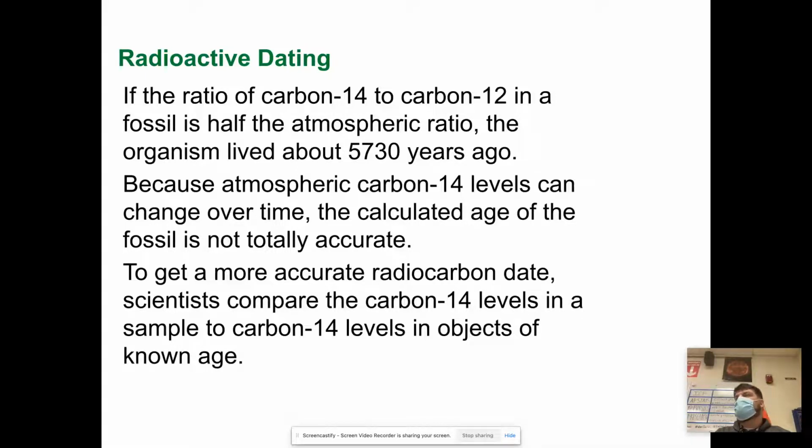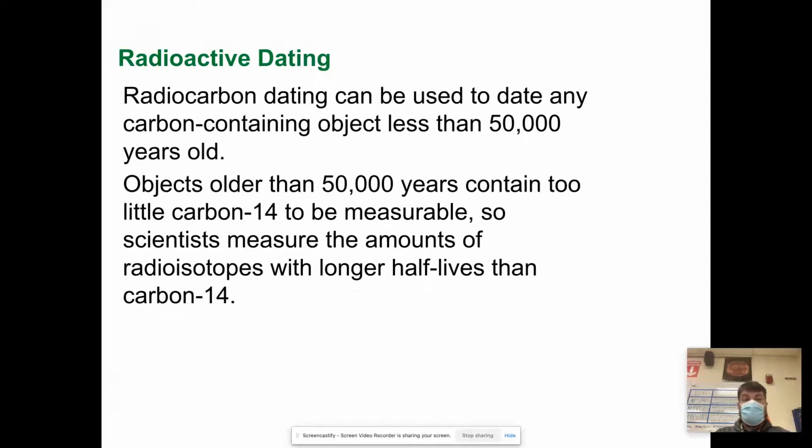Well, there are structures that we know when they were built, and they had organic material in them, which means they have a certain percentage of carbon-14, right? If something was made with wood 5,000 years ago, 10,000 years ago, and we still have access to that wood, we can approximate based on the levels of carbon-14 in that wood and compare it to the carbon-14 levels in another artifact.